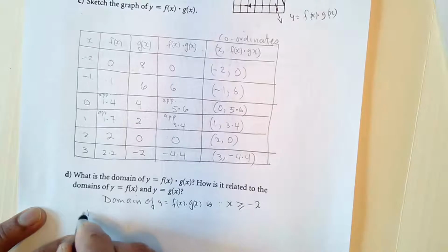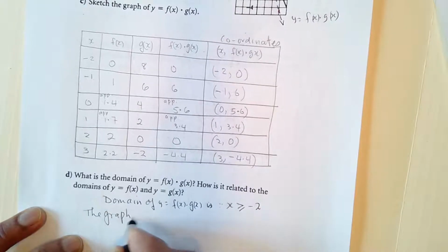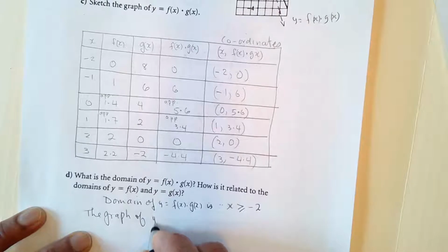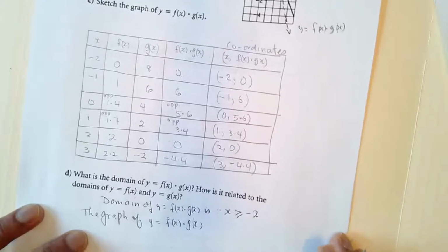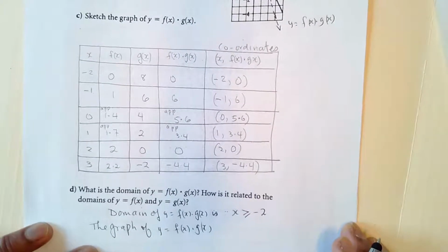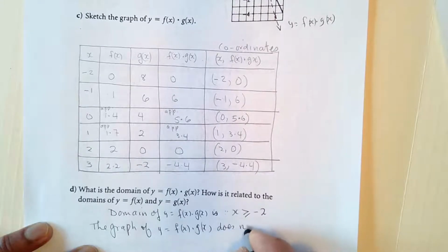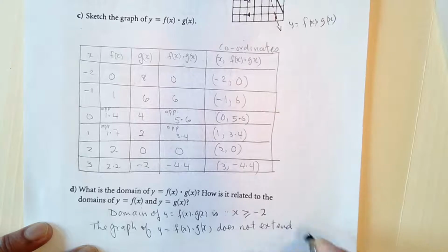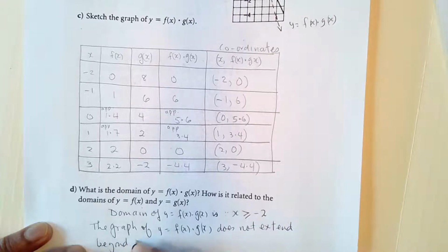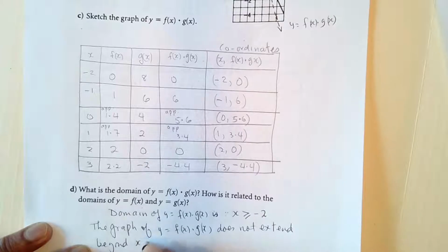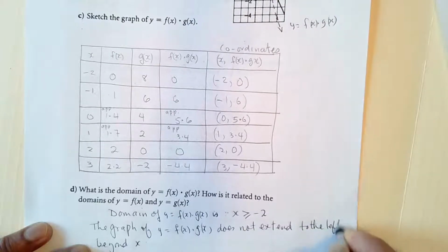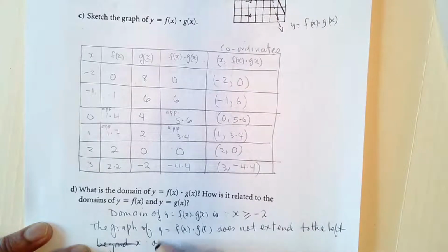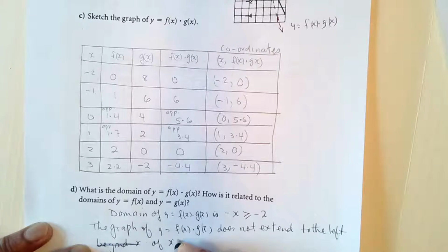So we can say here the graph of y equals f of x times g of x does not extend to the left of x equals -2.